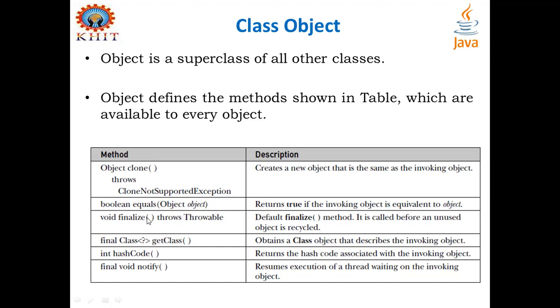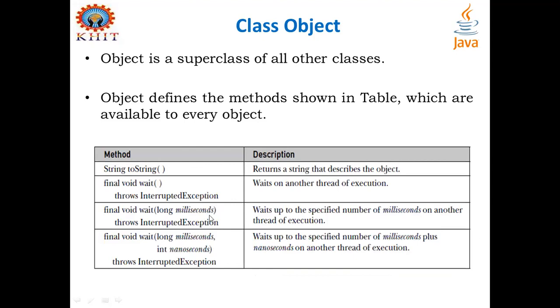The equals method returns true if the invoking object is equivalent to the other object. The finalize method throws an exception; it is called before an unused object is recycled, and it can automatically generate some errors. toString is also a method defined in the Object class, and it returns a string that describes the object.